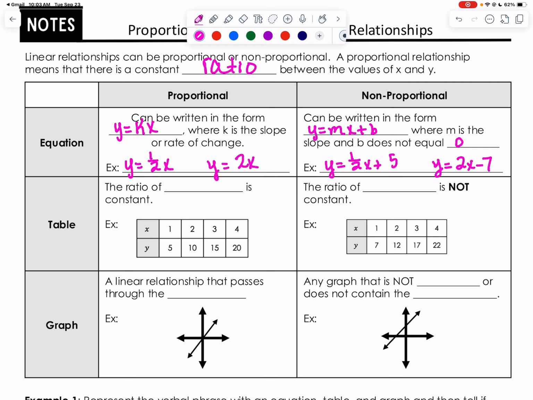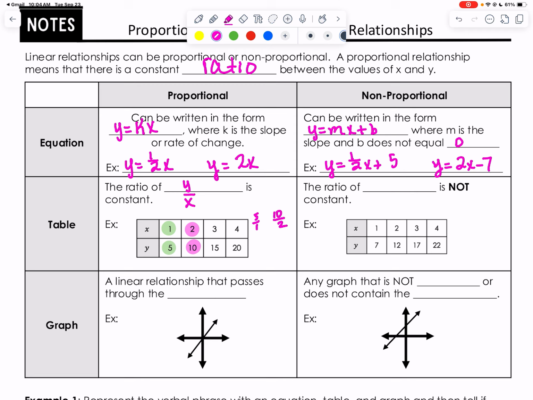Now, if you're given a table of values and you want to know whether it's proportional or non-proportional, what you need to remember is that the ratio of y to x is constant in proportional relationships. So, for example, in this table, the ratio of 5 to 1 is 5. The ratio of 10 to 2 is also 5.